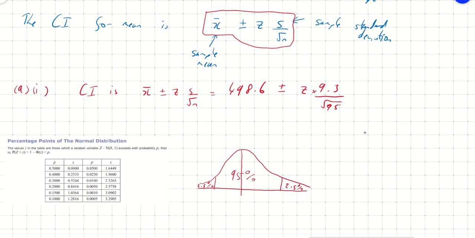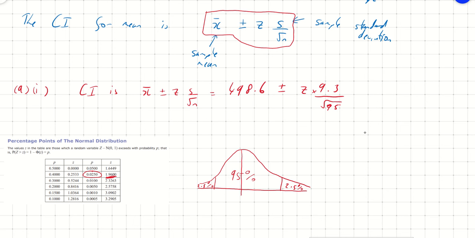So for a 95% confidence interval, we need what's called the z 2.5 number. And if you look at this table, 2.5% is P equals 0.025. So the z value we're going to use for this question is 1.96.